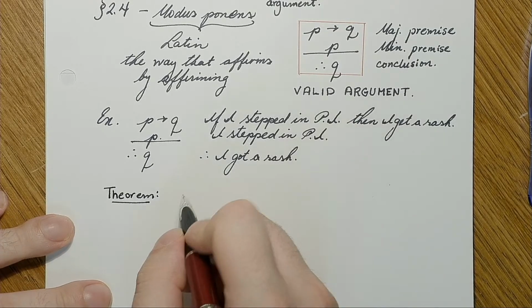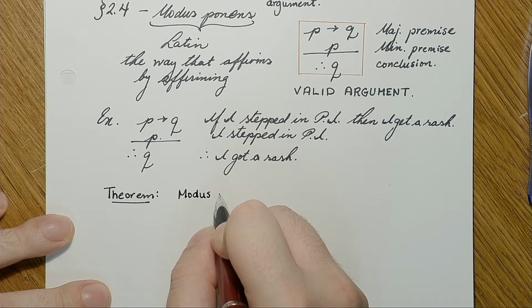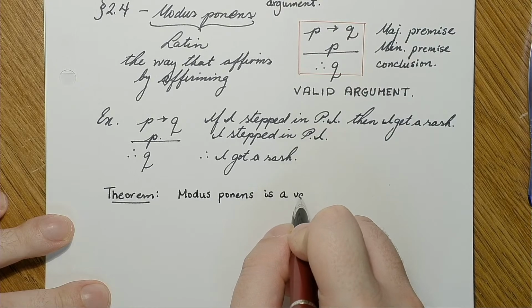So the theorem is that modus ponens is a valid argument.